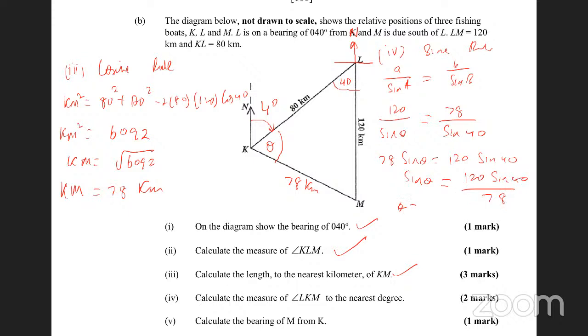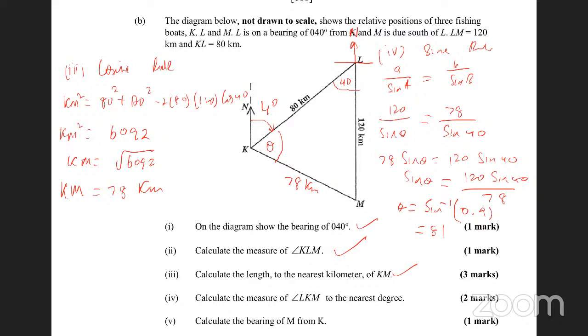What do you get for sine inverse of 120 sine 40 over 78? Around 0.9. So when you work it out, you get 81.5.